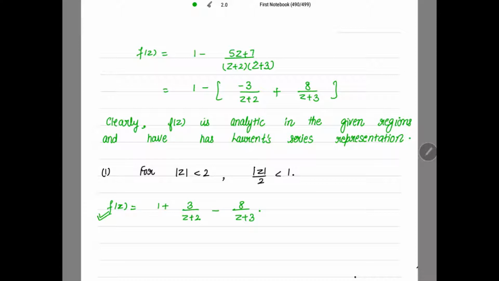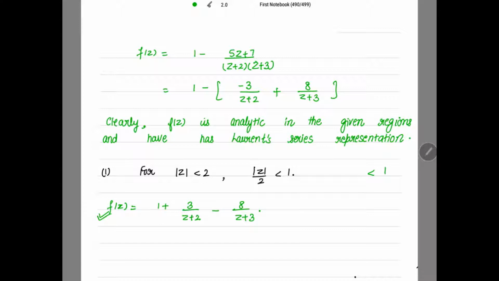So clearly f(z) is analytic in the given regions and has a Laurent series representation. Now we can expand them, but only according to the conditions given to us. So the first part is for |z| < 2, that is |z/2| < 1. Now |z| < 2 is your first given region, and I always need something less than 1.